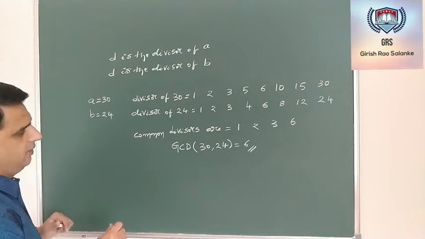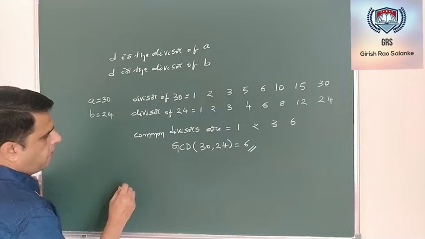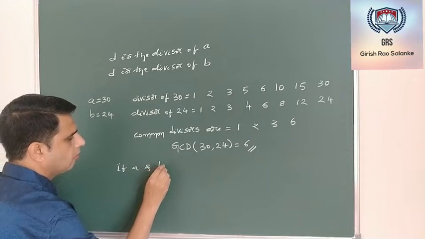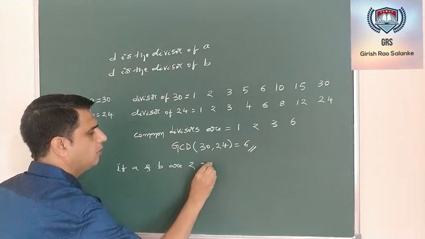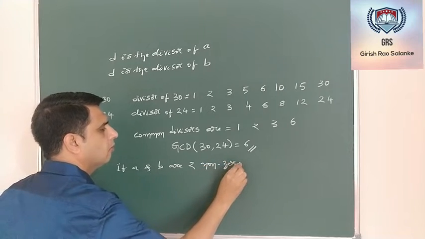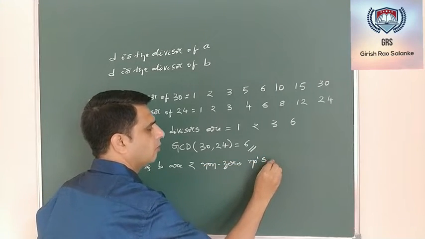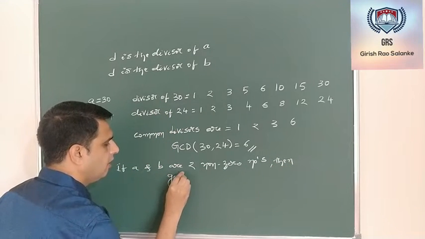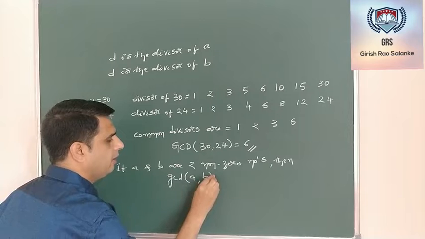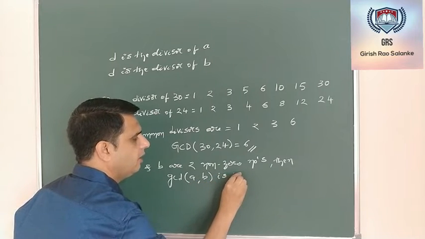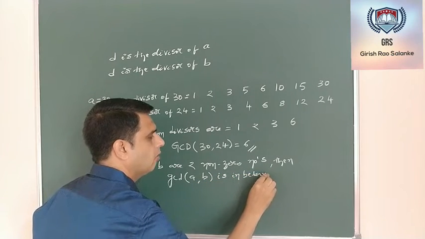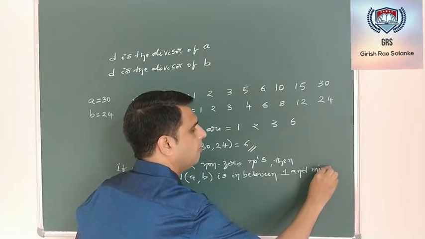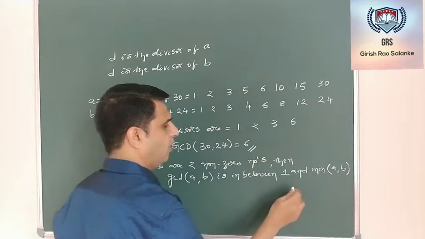Now I can say, if A and B are two non-zero numbers, then the GCD of A and B is in between 1 and the minimum of A and B. We all know that.